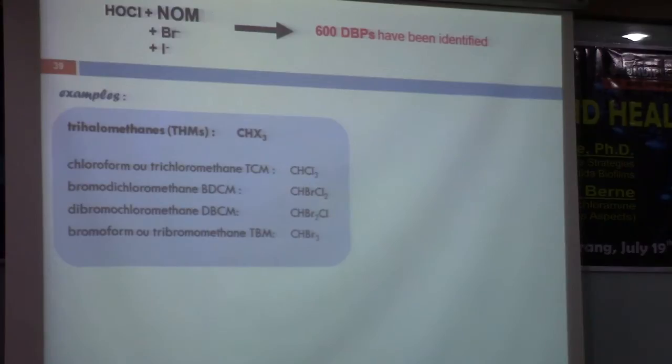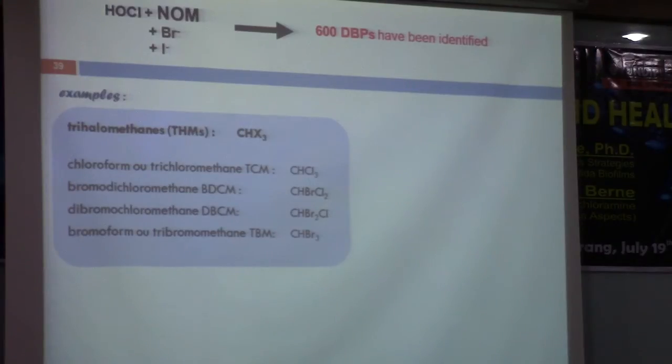So the families of DBPs: first I will say that there are more than 600 DBPs identified in chlorinated water, but this represents only 50% of the total organic halogen formed during chlorination.